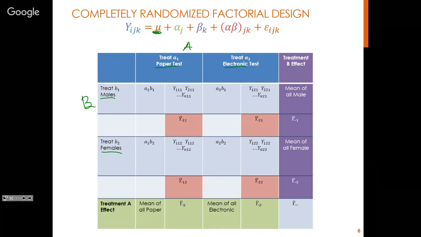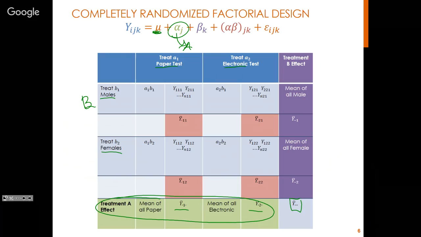What up here quantifies the grand mean? The y bar dot dot dot. Good. What up here is the alpha or treatment A effect? Good. When we compare the treatment A means, so y bar dot 1 dot and y bar dot 2 dot.